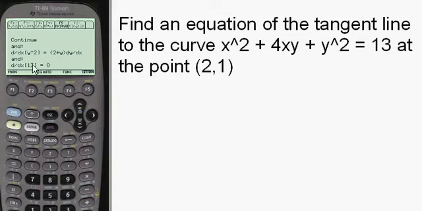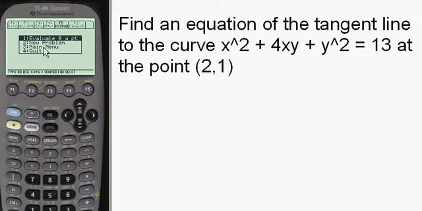And the derivative of 13 is 0. So now we combine all that and keep the dy/dx terms together and the ones that are not together. The answer is dy/dx equals minus 2x minus 4y, divided by 4x plus 2y.